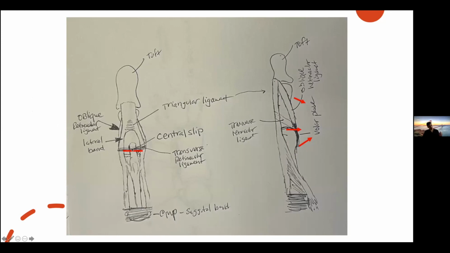You're not having that force pulling up this way, and so it allows these to pull more because it's not taking the force off at the central slip. Slowly but surely, as that pulls more, the triangular ligament becomes incompetent, and then your lateral bands slip. And it brings the PIP into flexion and the DIP into extension.